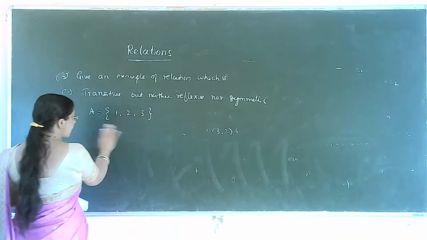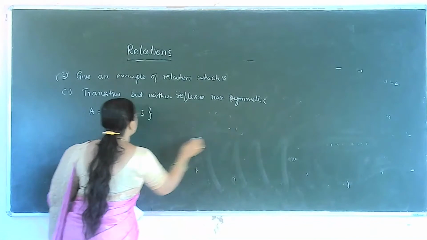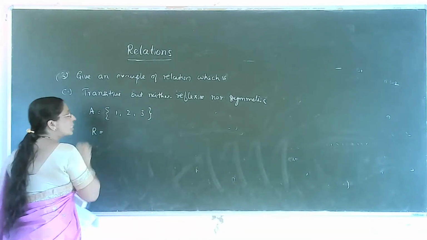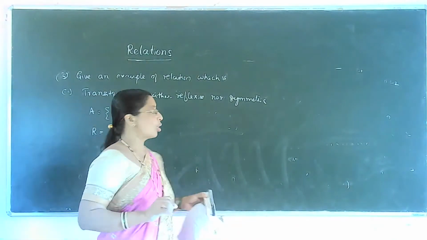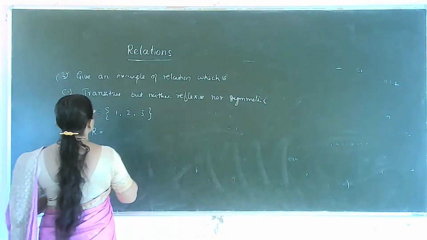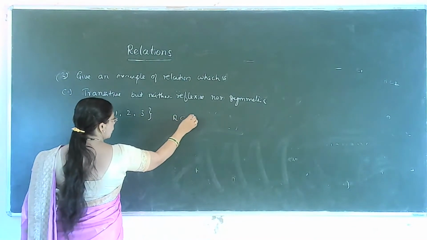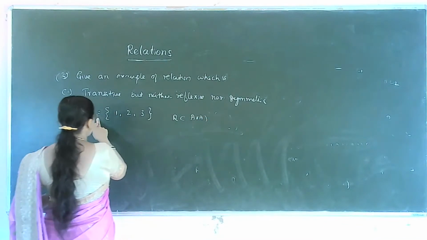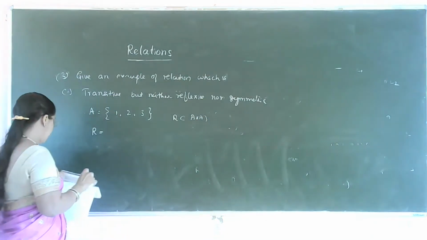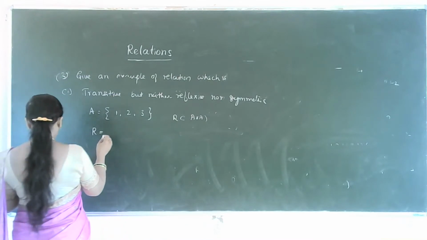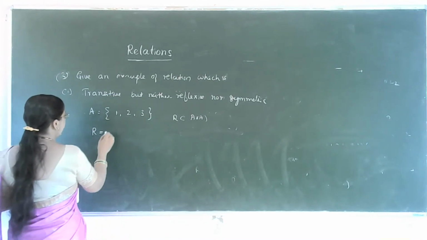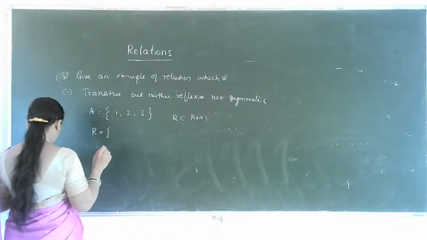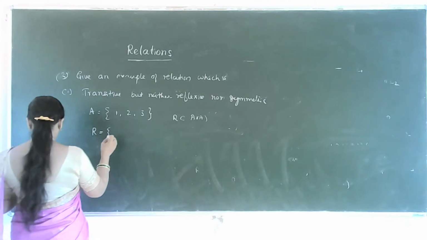Always write the set, then only write the relation. A relation without a set is not possible, since R is a subset of A cross A. Therefore, you have to write the set, then only write the relation.